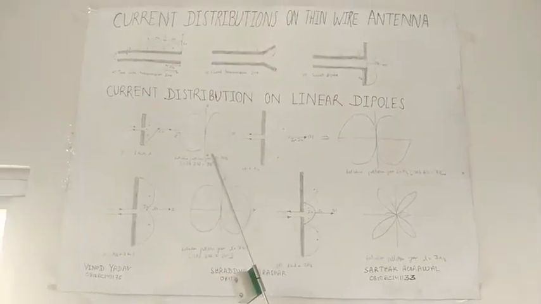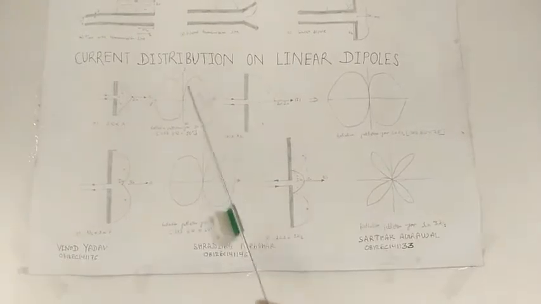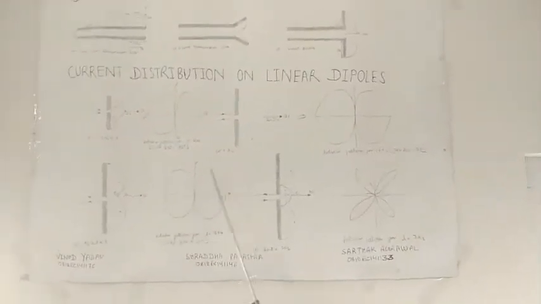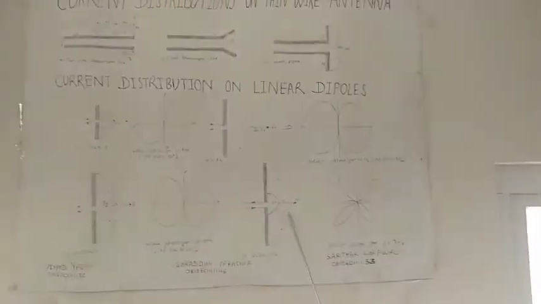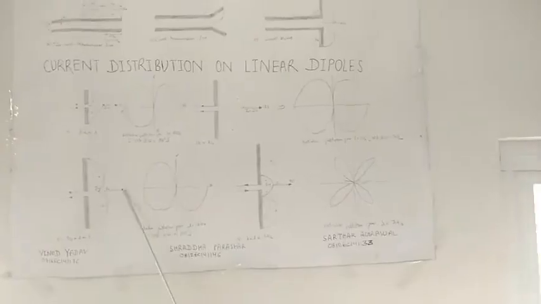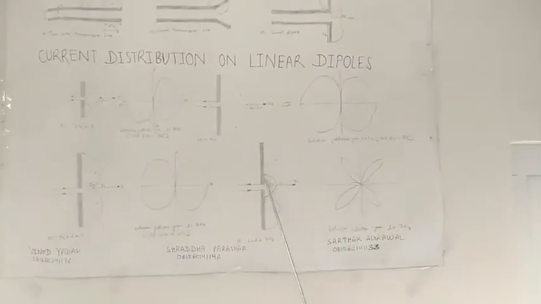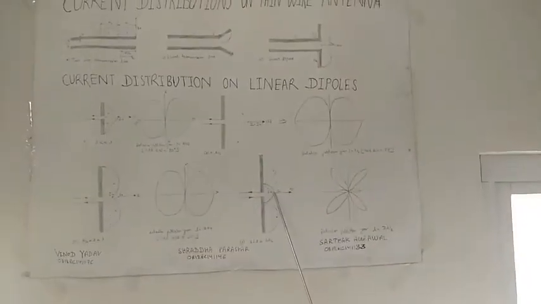As you increase the length up to lambda, the radiation pattern is a figure of 8. The only difference is that the half power beamwidth reduces, and therefore directivity increases. Up to lambda, your directivity increases and you get only a figure of 8. But after this, the current on the surface of the wire is not maximum at the center, as you can see here, the current is reduced at the center.